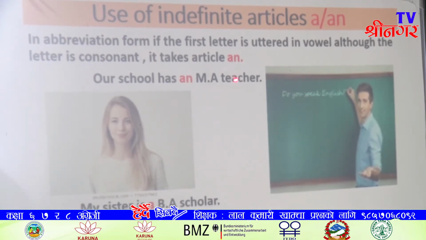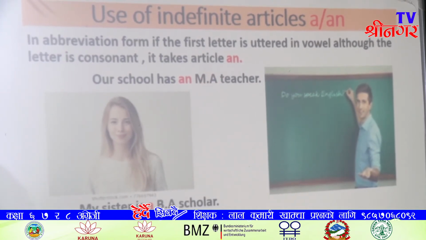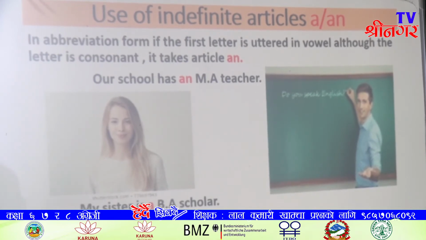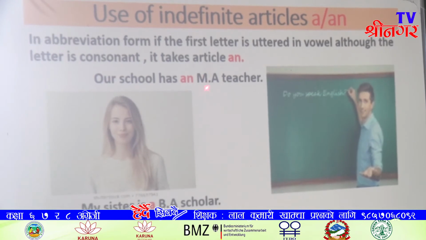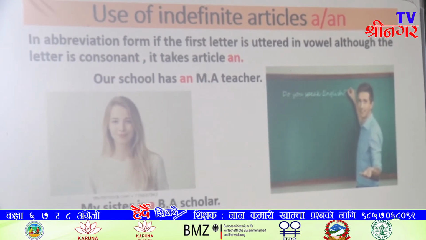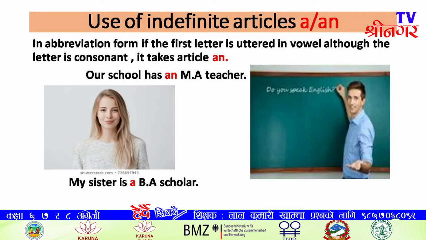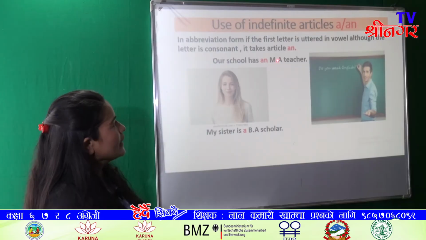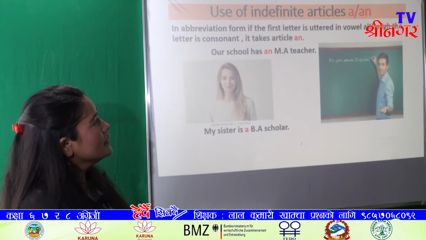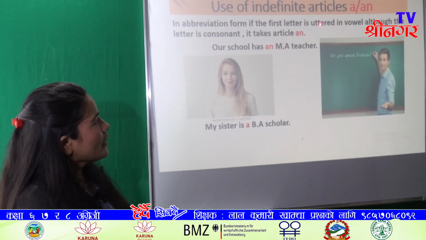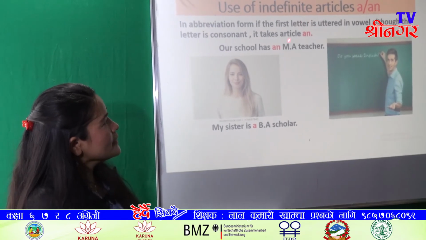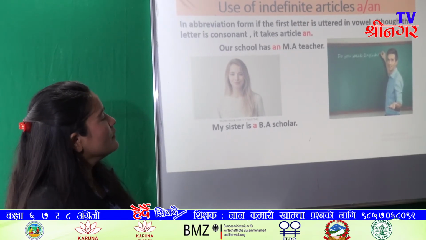In the first example, this abbreviation word MA, and you know M is a consonant letter, but it is pronounced with a vowel sound, "em".